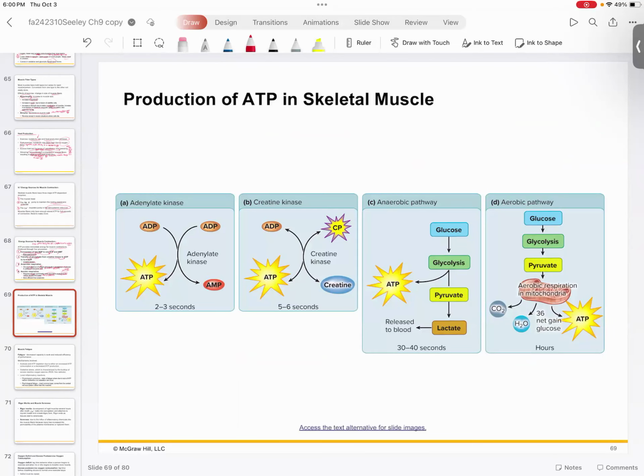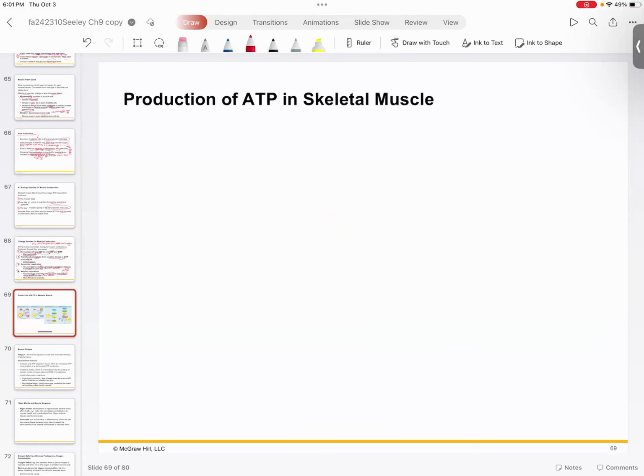This is kind of what it looks like in pictures. So here you can see your adenylate kinase will take two of these ADPs and smash them together to create an ATP and an AMP. Then creatine kinase works with a creatine phosphate group.